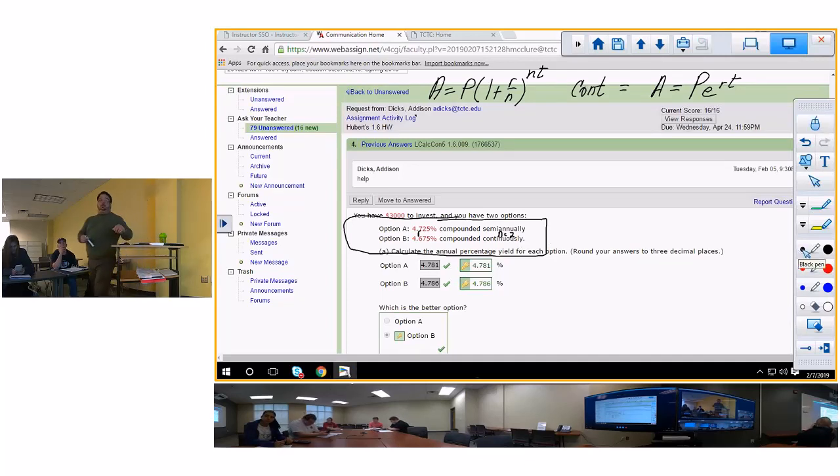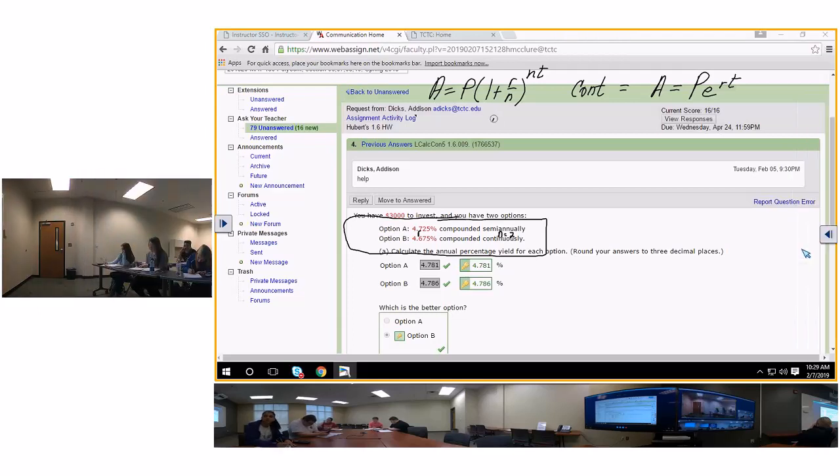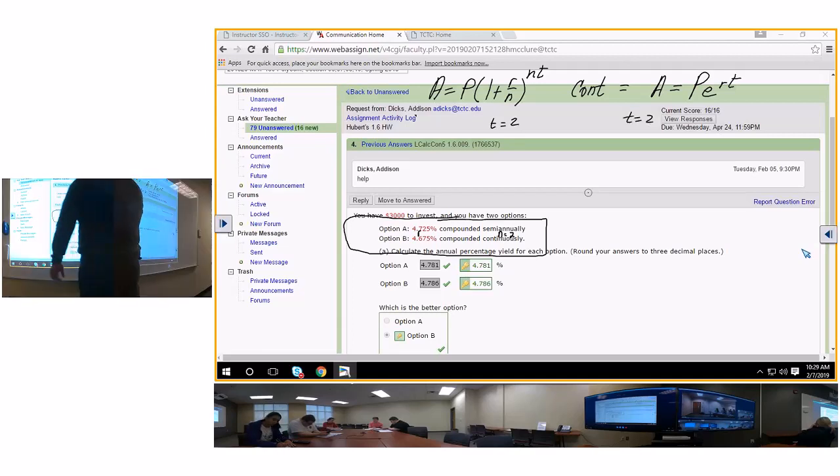Okay, so for 2 years, T is equal to 2, and T is equal to 5.